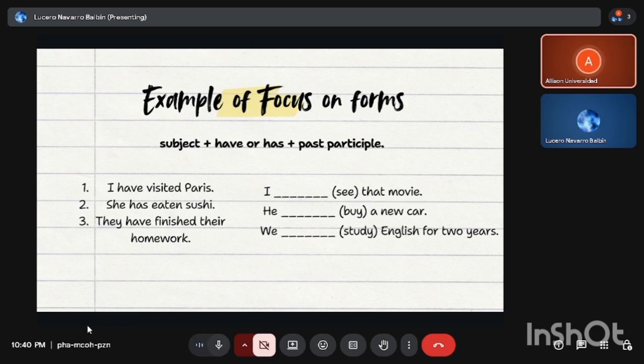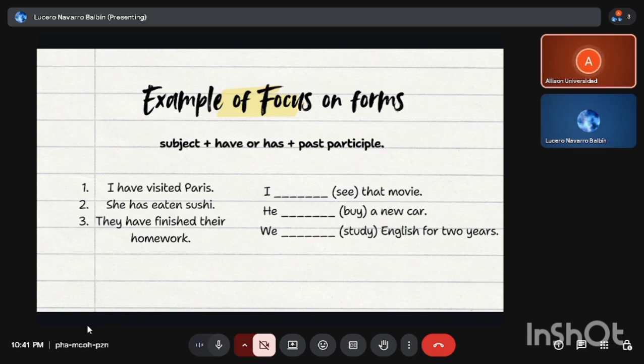Do you understand? Yes, teacher. So, and as control practice, let's give another example. Perfect. Now let's practice together. I'll give you the verb and you complete the sentence with the correct form. Ready? The first sentence is I blink see that movie. What's the answer? I have seen that movie. Excellent.